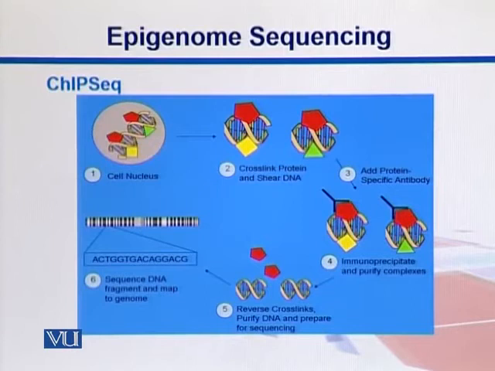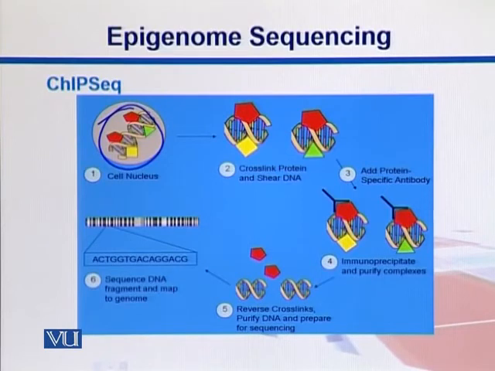In ChIP-seq, we start with DNA that has some proteins attached to it. ChIP-seq stands for chromatin immunoprecipitation assay. We identify those DNA fragments on the basis of the proteins which are attached to them. This is interesting for identifying the DNA binding proteins and the binding sites for those proteins.